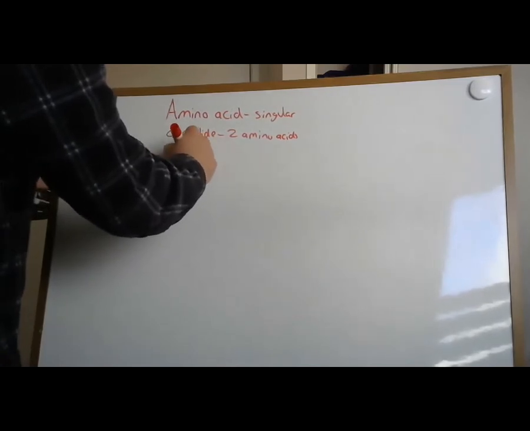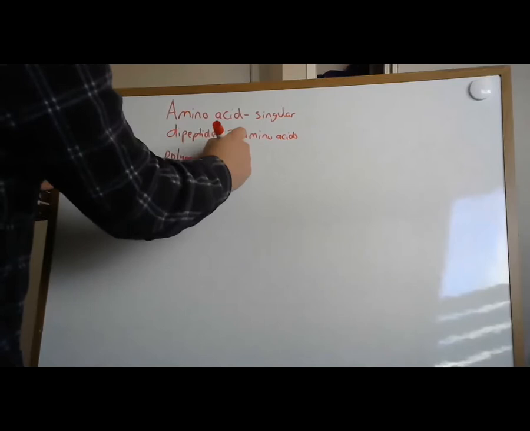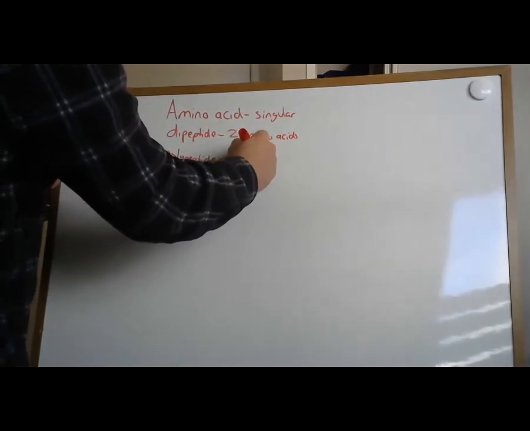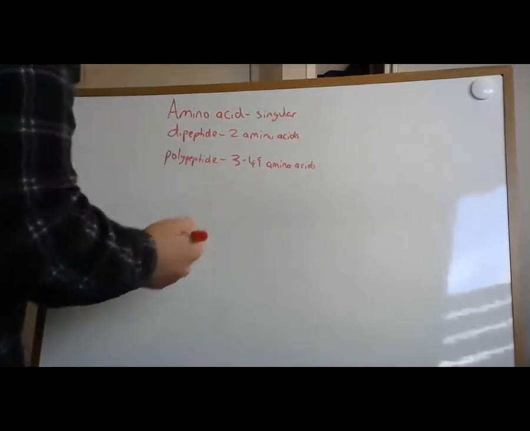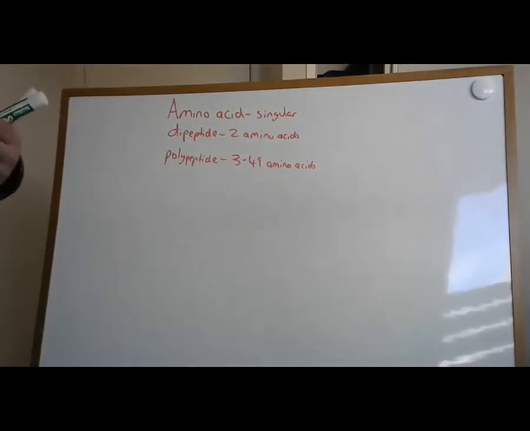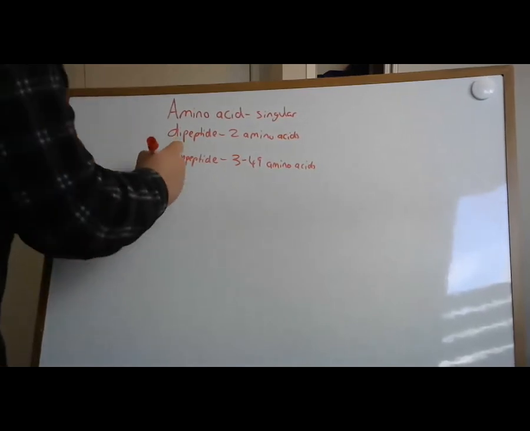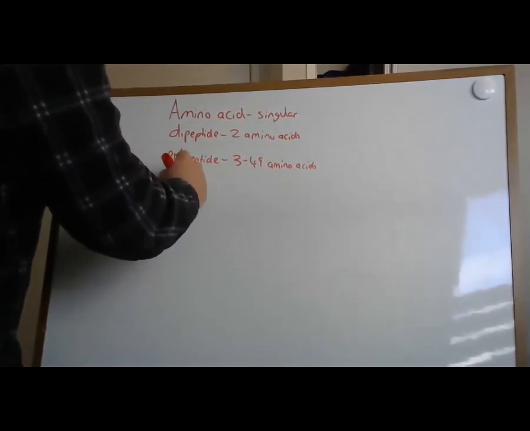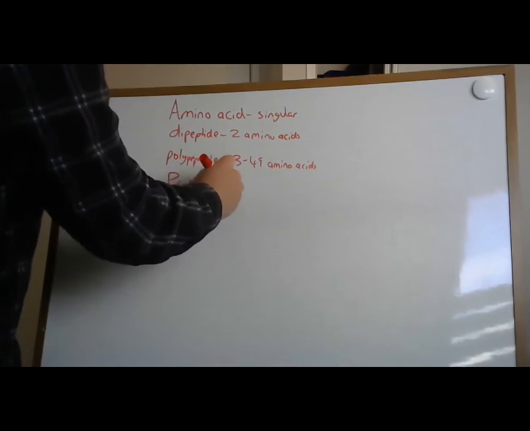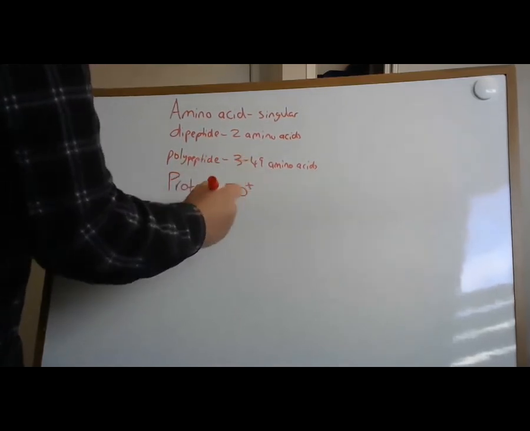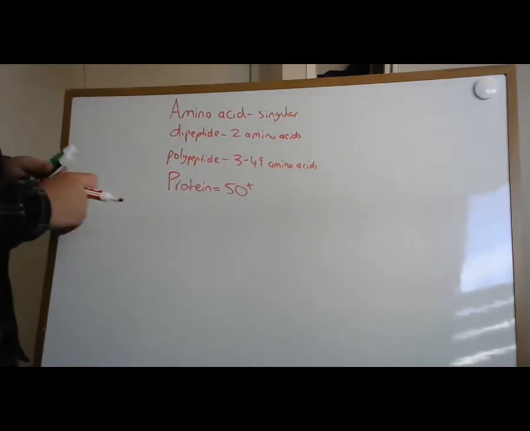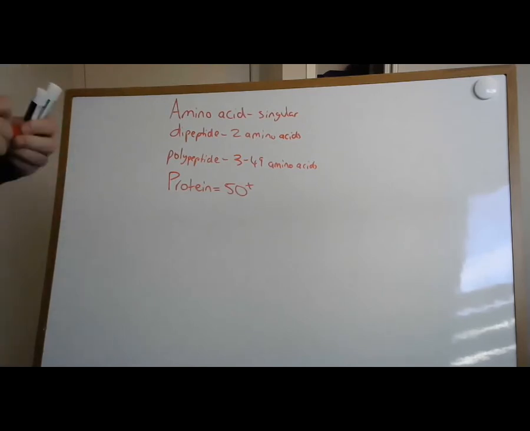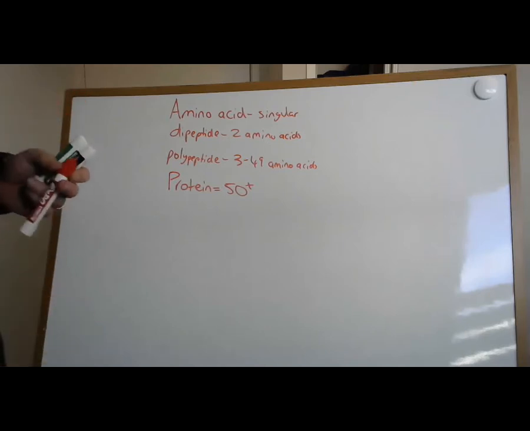Polypeptide. A polypeptide is 3 to 49 amino acids. And a protein, 50 plus. So we know that proteins are biopolymers because they're made up of multiple subunits or monomers. Proteins are made up of amino acids.